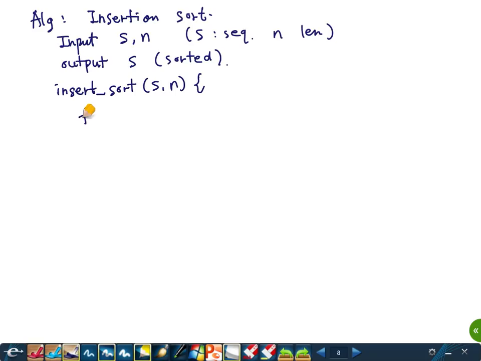Again, I'm going to just write it down and then explain line by line. This can be a little difficult if this is your first time to see this kind of thing.